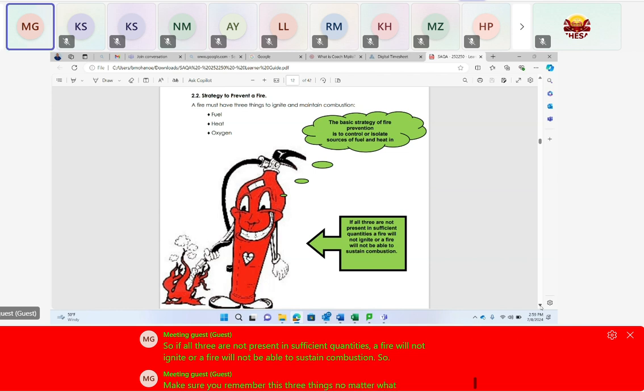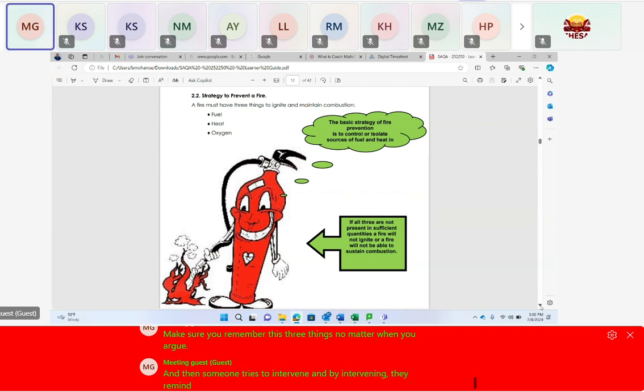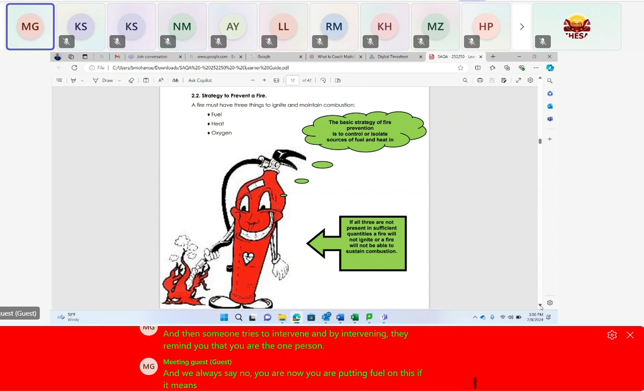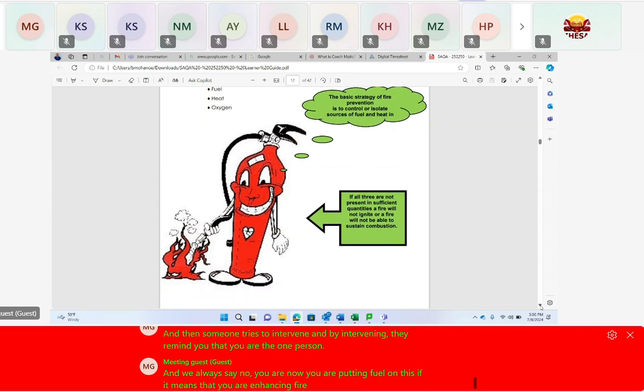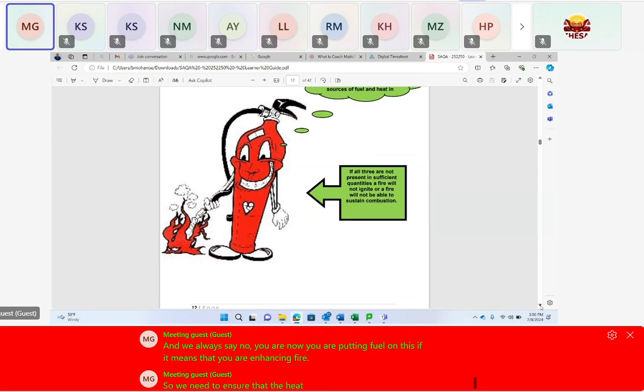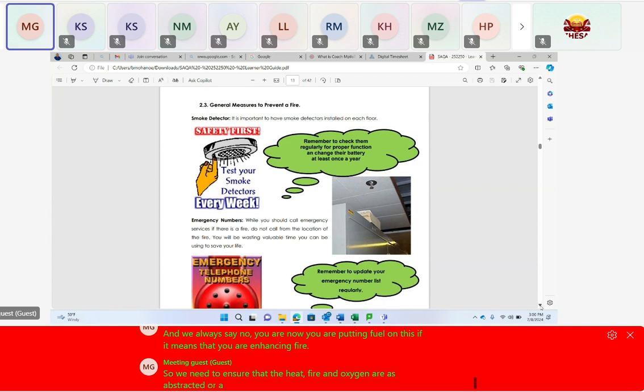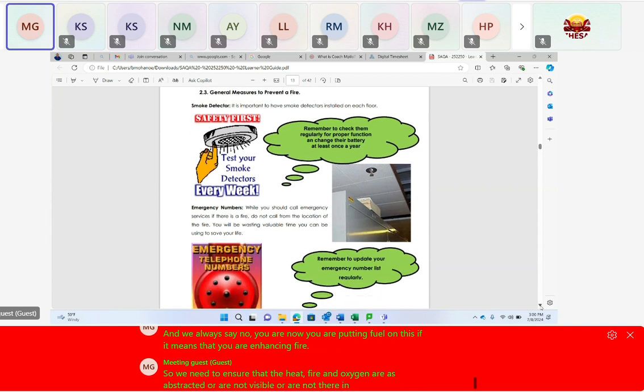Normally when you argue and someone tries to intervene, reminding you that you are the wrong person, we always say, no, you are putting fuel on this issue. It means that you are enhancing fire. So we need to ensure that heat, fuel, and oxygen are subtracted or are not there, in preventing the fire.